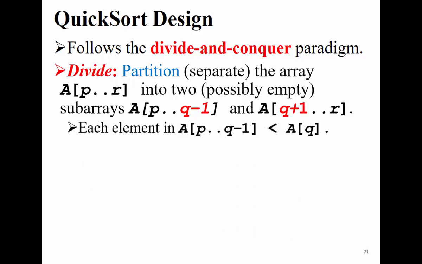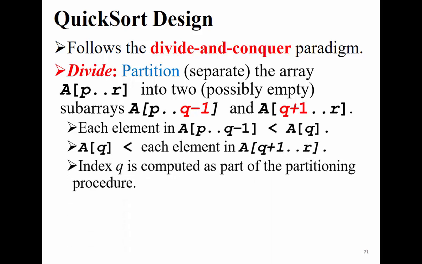All the elements on the left side, from P to Q minus 1, are less than the element at Q. All the elements from Q plus 1 to R, to the end of the array, are greater than Q. So you're not sorting.